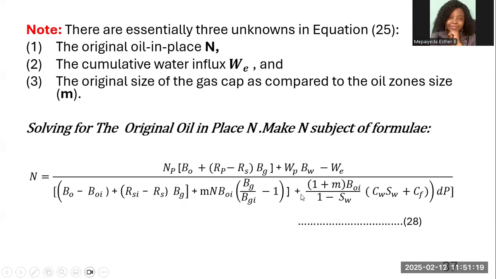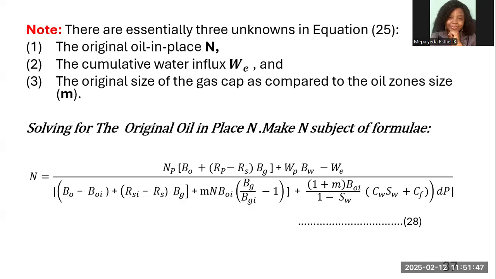So if you rearrange the equations, you know N is a common factor to both your right hand side and your left hand side. So if you bring the N out, you will have this. You are now quite familiar with this numerator, which is your F, underground withdrawal, and the remaining is the equations on your right hand side.